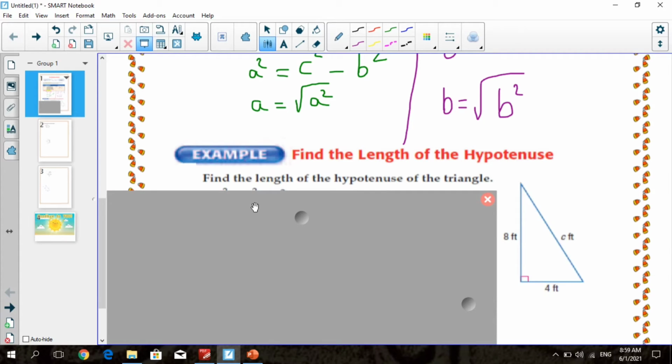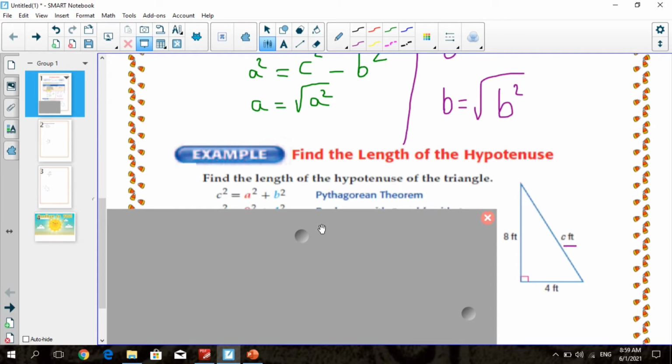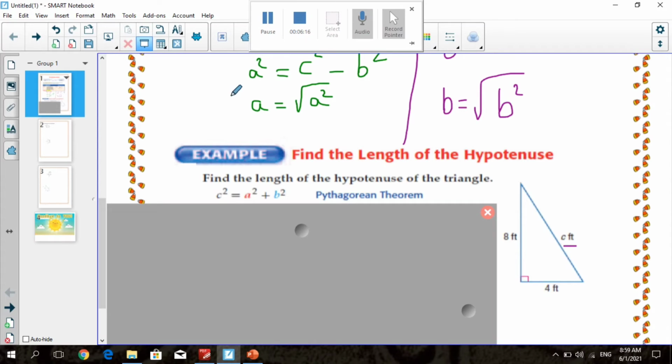Okay, like we said before, what is the hypotenuse? It's the side that's opposite of the right angle. So he gave you A and B. Well, to find C, what is the rule? Who can tell me? Super, I can hear you. C squared equals A squared plus B squared. That's great, my dear.